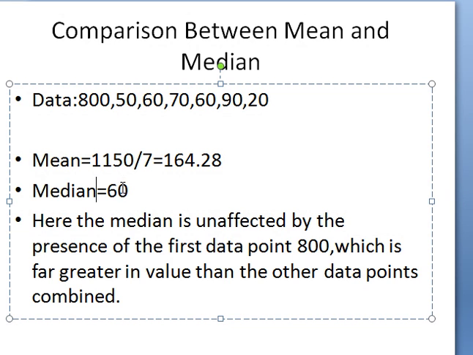But in general the median is less susceptible to outliers and anomalies, as you see here. The outlier is 800. This is reflected in the mean, whereas in the median it is not. So the median is unaffected by the presence of the first data point, 800, which is far greater in value than the other points combined.